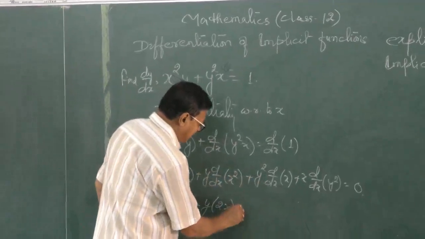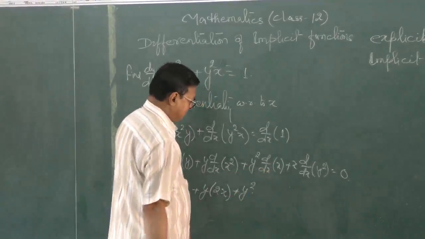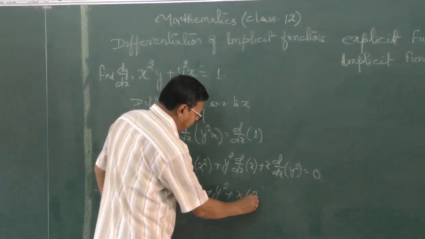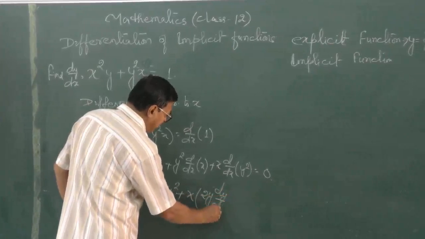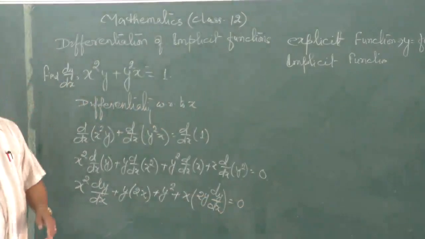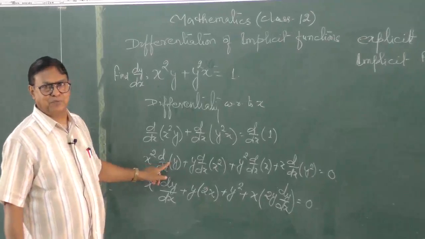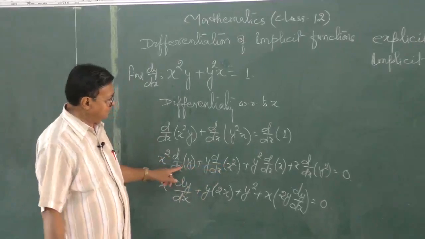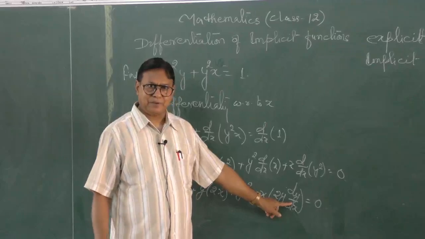Here it is y square into differentiation of x, which is 1, plus x into differentiation of y square, which is 2y, and since it is y with respect to x, the only difference is differentiating y following the same formula and multiplying with dy by dx. That is what I did here. I did here y square is 2y into dy by dx, right.